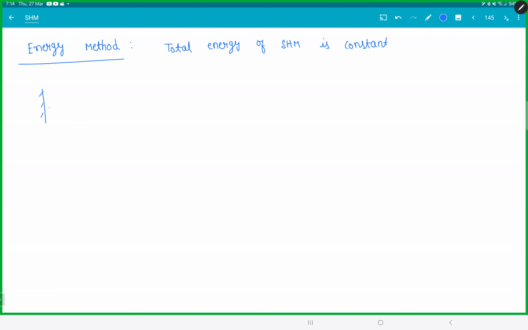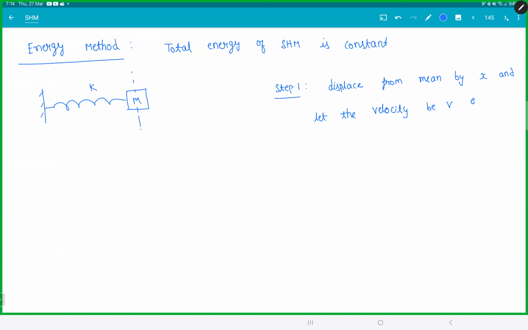So consider we have a spring and block. Step one, choose your system and displace it from the mean position by x. And after displacing by x, let the velocity be v and the acceleration be a.